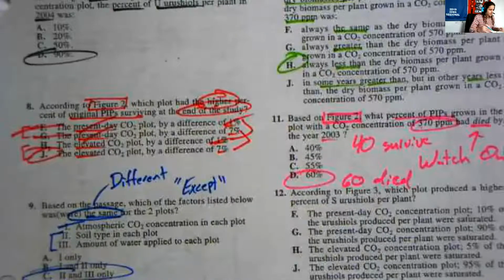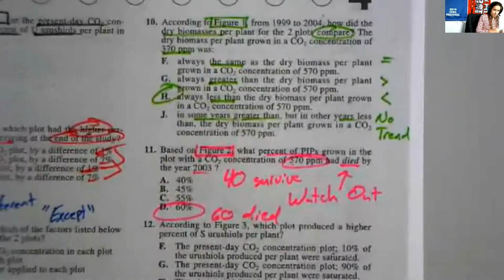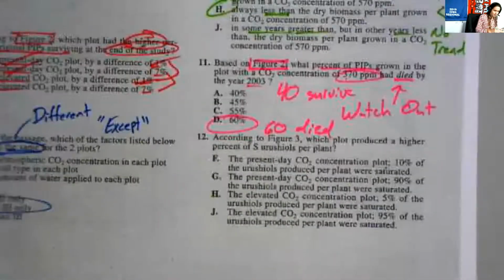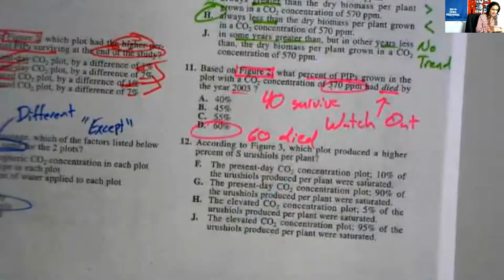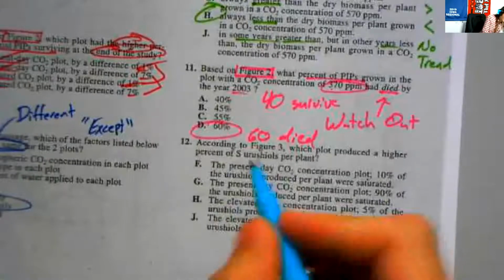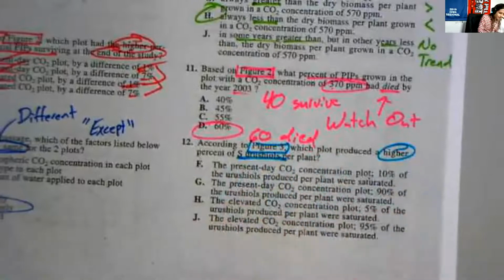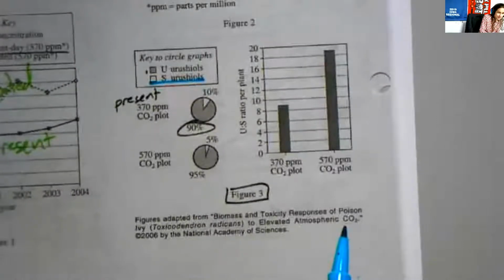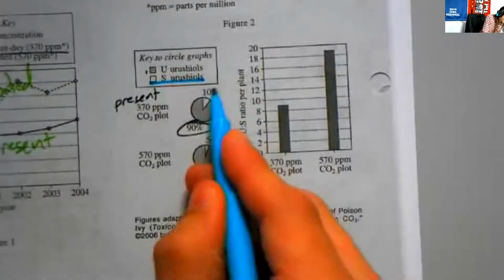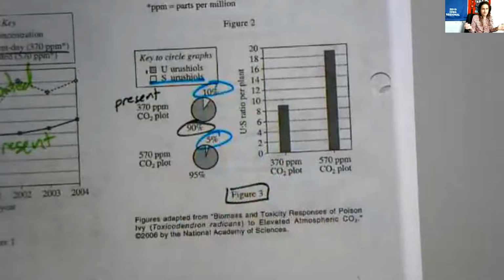One left. According to figure 3, which plot produced a higher percent of S urushiol? I think this is the easiest question on the passage. Figure 3, higher S urushiol. Which one was higher? 10 is higher than 5.